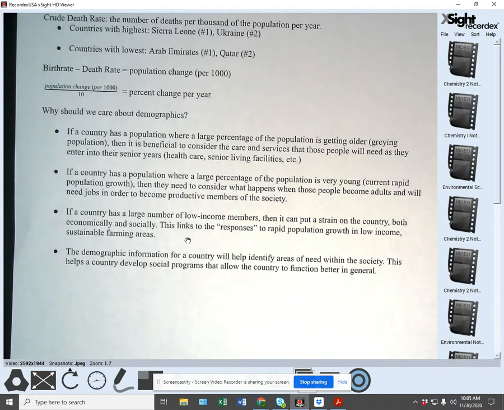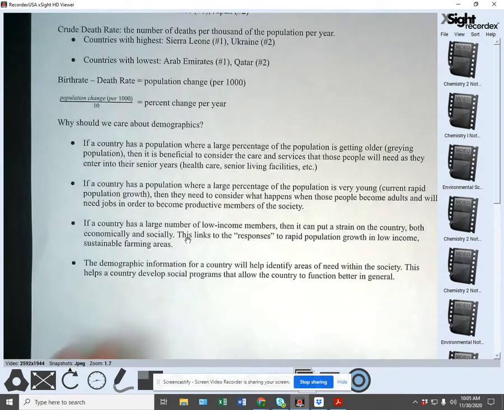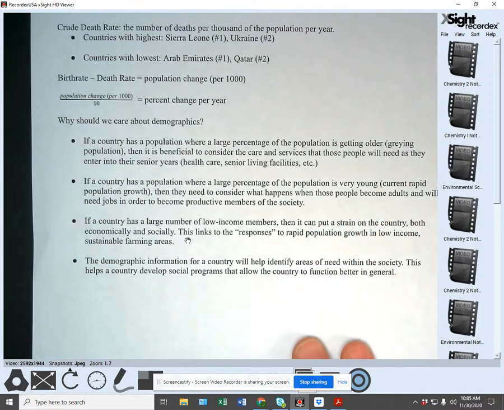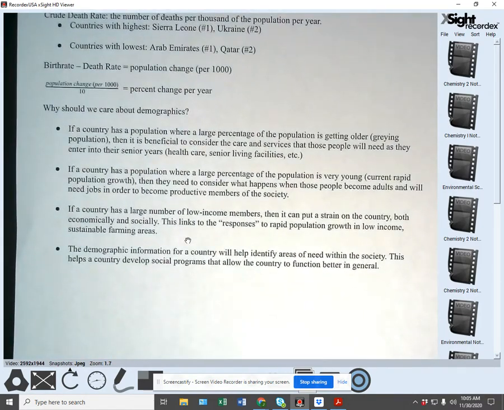And so you see this not just in developed countries, but in low income countries. We talked about that too. People doing illegal things for income, emigrating, moving out, all that kind of stuff, if there's not enough jobs. So having an idea of your population demographics can, again, as a country, hopefully help you prepare for things like that.